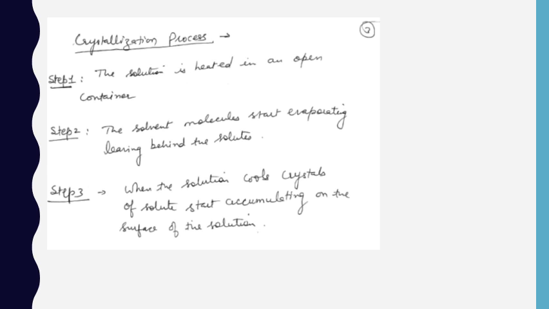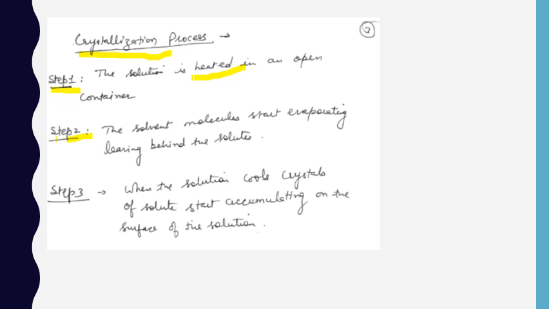Here is an example of the crystallization process in various steps for separation after a reaction. When we have done some reactions and we are going to separate our crystals, step 1 is that the solution of the reaction is heated in an open container.